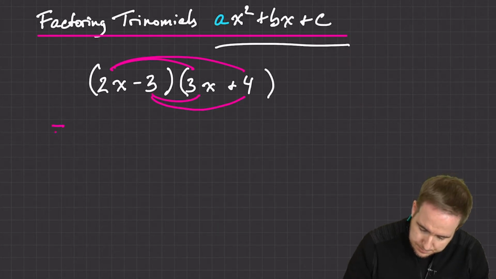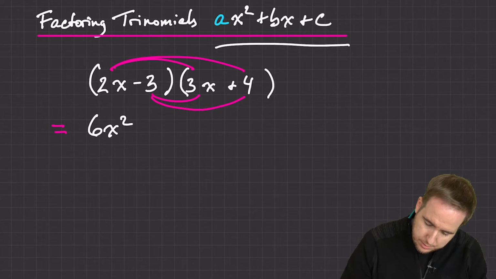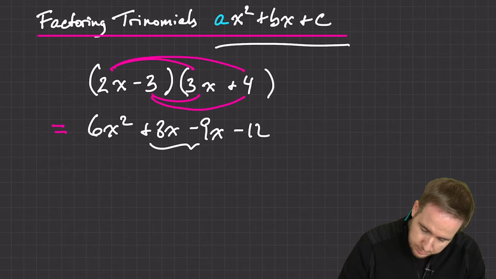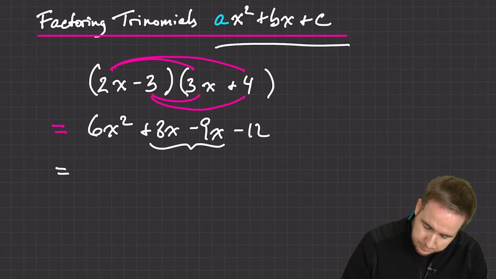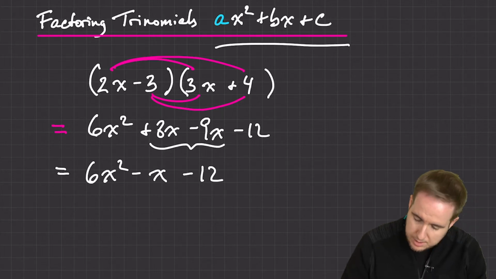Like this. And this would be 6x squared plus 8x minus 9x minus 12, two like terms in the middle. 6x squared minus x minus 12.